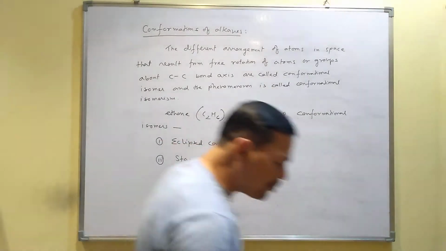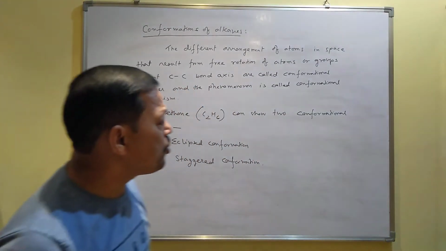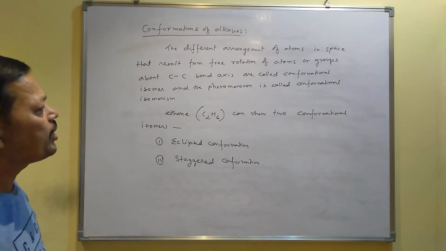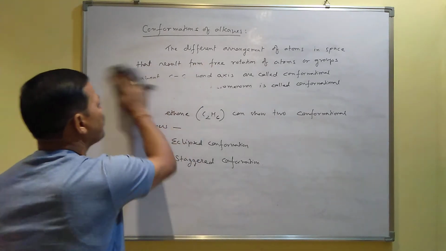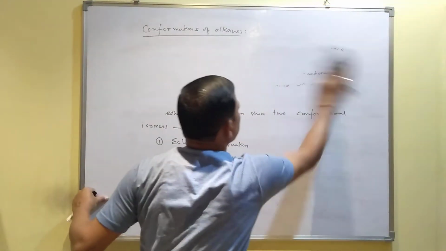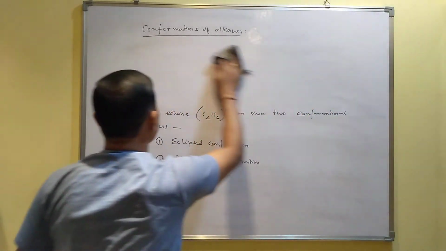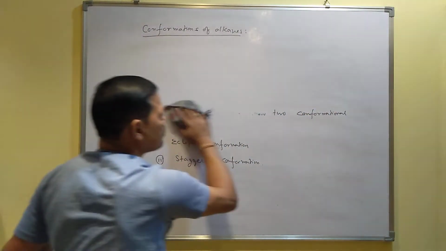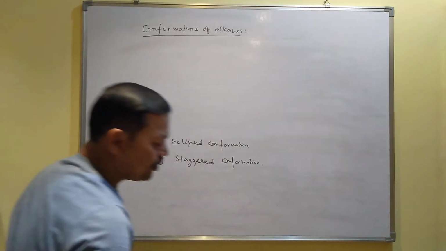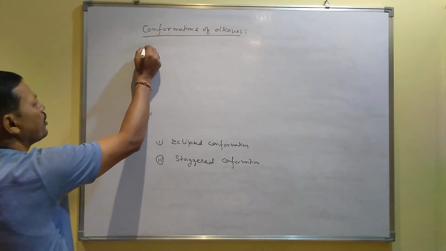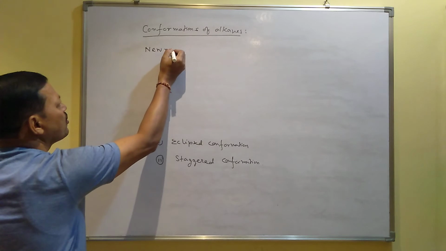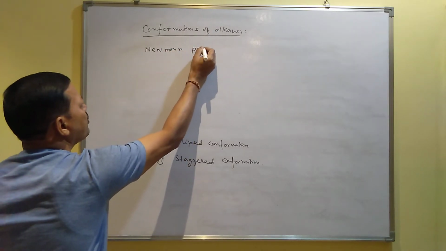Now in exam you will get a question like this: draw the conformational isomers of ethane. Then you have to draw this staggered conformation and this eclipse conformation. One of the scientists called Newman drew the eclipse and staggered conformations, which is called Newman projection formula.